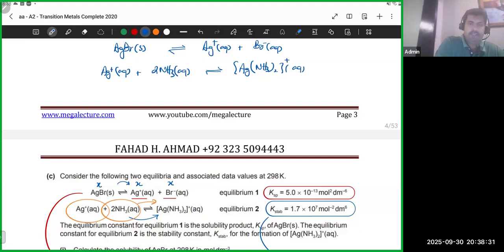Okay, so you just add the two reactions up. AgBr with concentrated ammonia. Things that appear on both sides are going to get cancelled out.